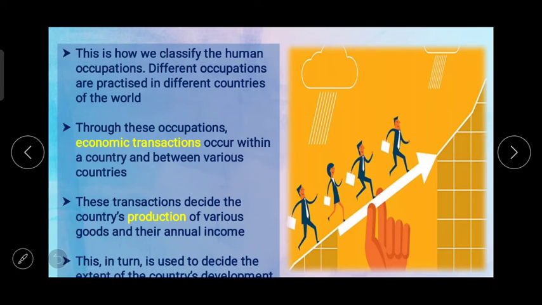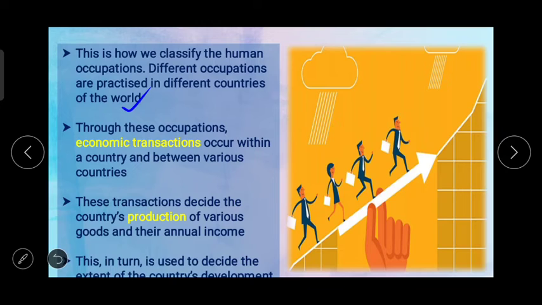Next one now. This is how we classify the human occupations. Different occupations are practiced in different countries of the world. And through these occupations, economic transactions occur within a country and between various countries. This is very easy to understand.